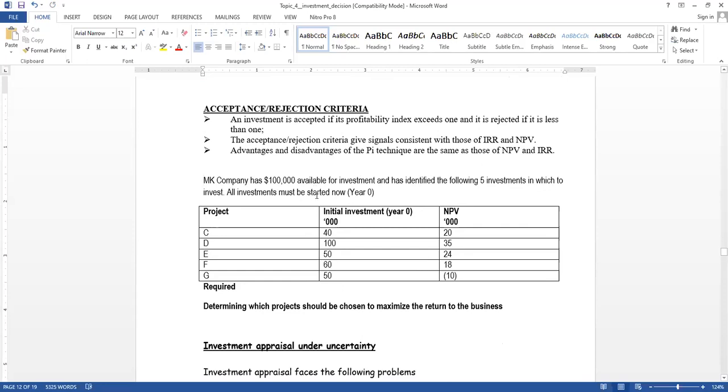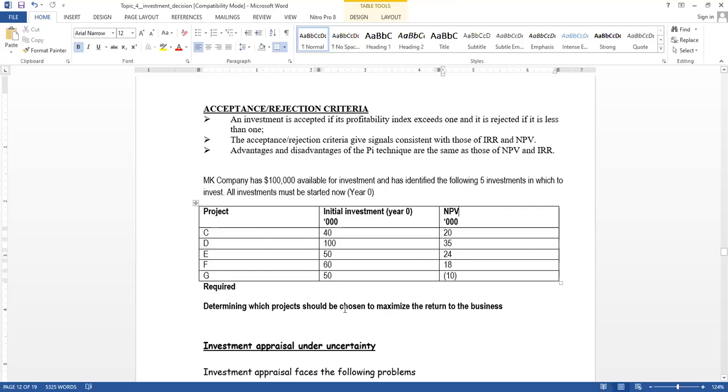All investments must be started now, that is in year 0. So you have projects A, C, D, E, F, and G. Then you have the initial investment in year 0, and then you have the NPV for each of the projects.